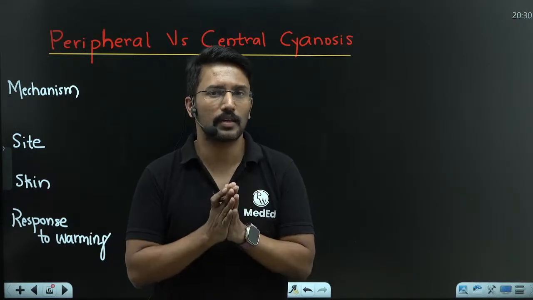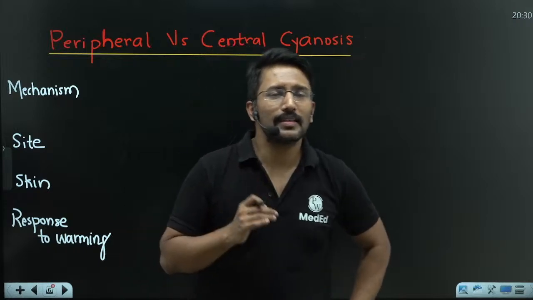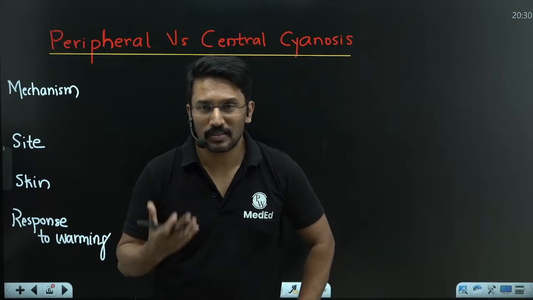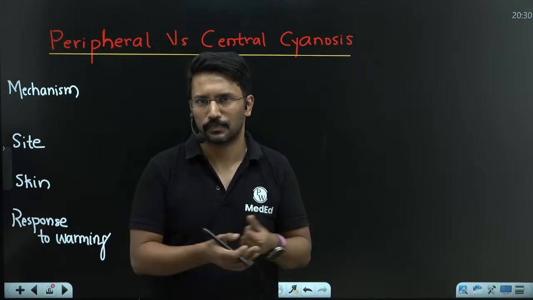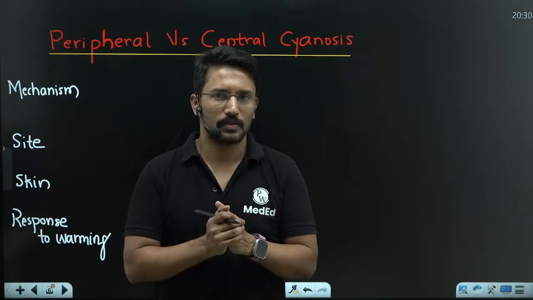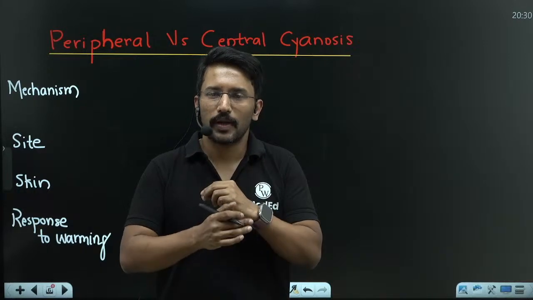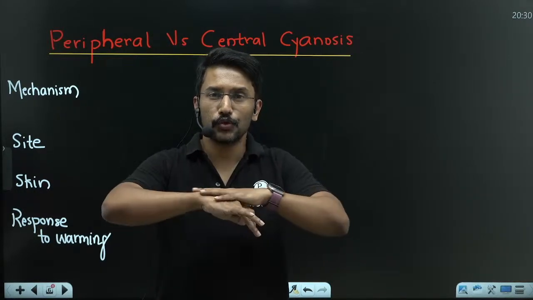So we need to understand what is the difference between the two. Okay. Now, is it necessary for me to have hypoxemia to have cyanosis, which we just agreed that it is not, right? Now, there are various circumstances where despite having good oxygen levels in the blood, tissues may be underperfused.